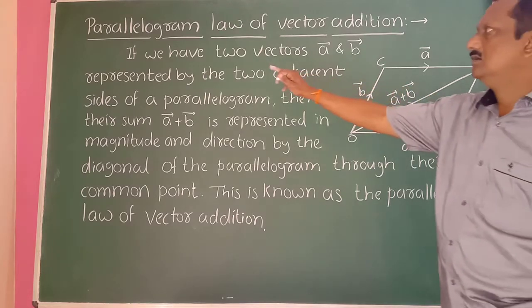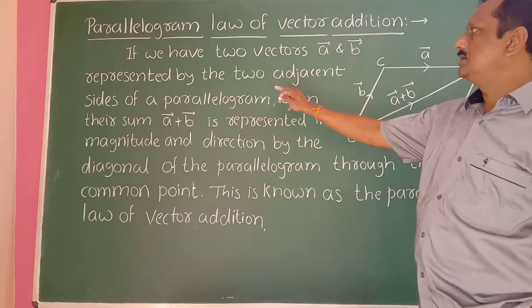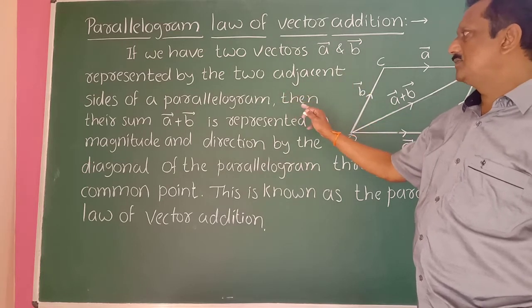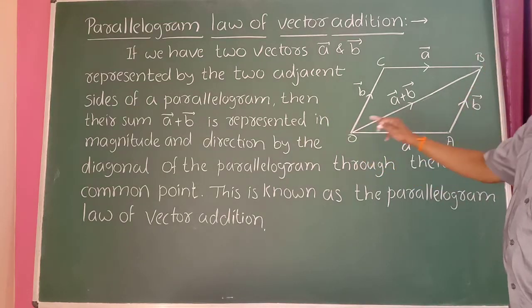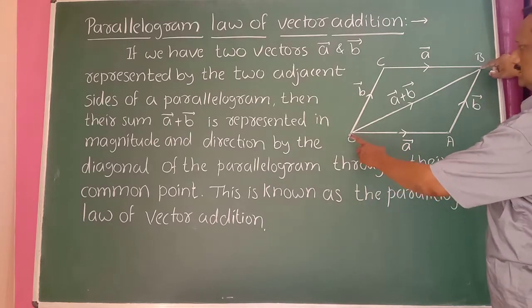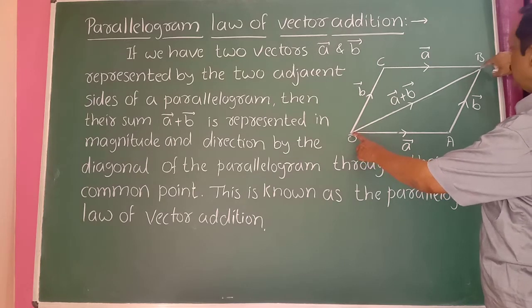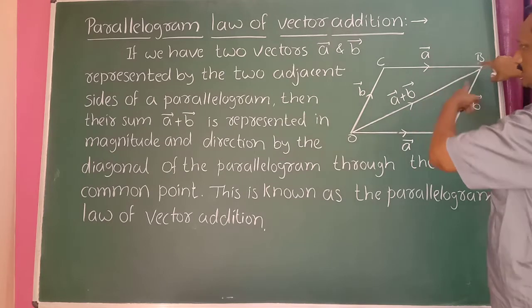Yes. If we have two vectors a bar and b bar represented by two adjacent sides of a parallelogram, then their sum a bar plus b bar is represented in magnitude and direction by the diagonal of the parallelogram through their common point here. This is a common point here. This is also a common point. So this is a diagonal of this parallelogram.